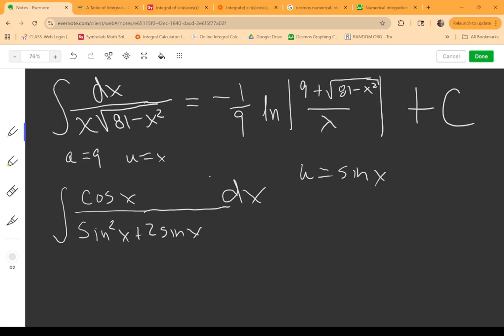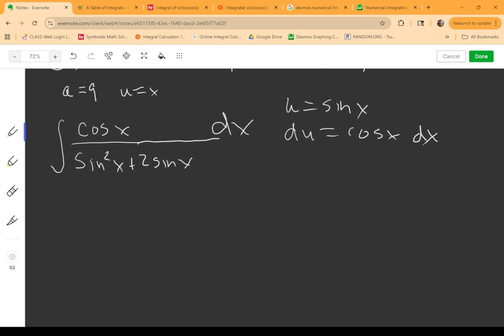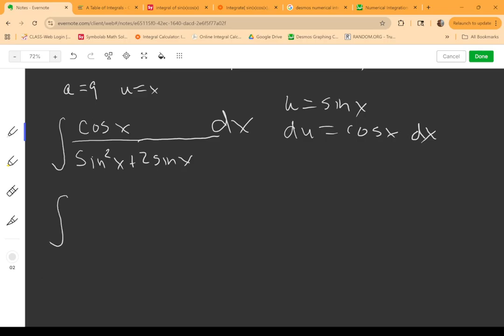Because when I do that, the top part, cosine x dx, is just going to be du. So now what this becomes is the integral of, so this whole top part is just du, and then here we have u squared plus 2u.